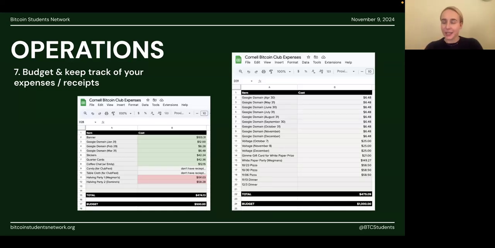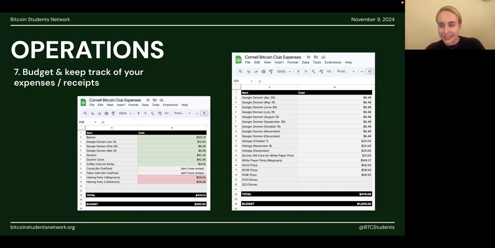Okay, budget is really important. Some universities will give you a budget for your club, some will not. Eventually, the Students Network would really like to be able to support clubs and help with some of this funding piece. For you, it's really good to keep your receipts and keep track of your expenses.